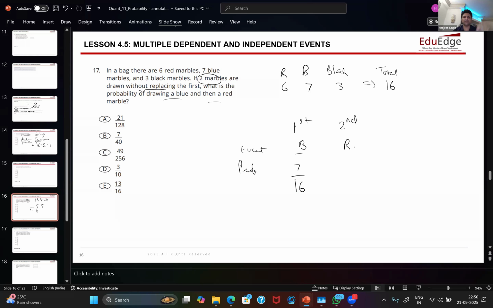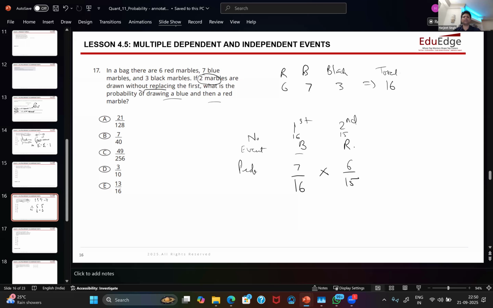But it's without replacing, which means once you remove a ball you can't put it back, so the count changes. In the first case there were 16 balls, and in the second case one is already drawn, so there are 15 outcomes remaining. The number of reds is 6, so it will be 6 divided by 15.